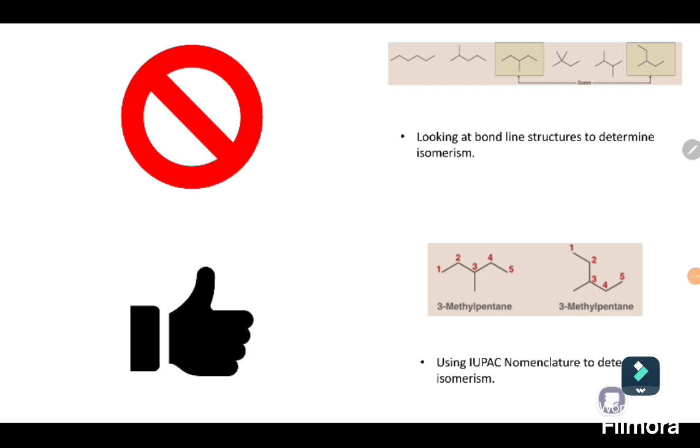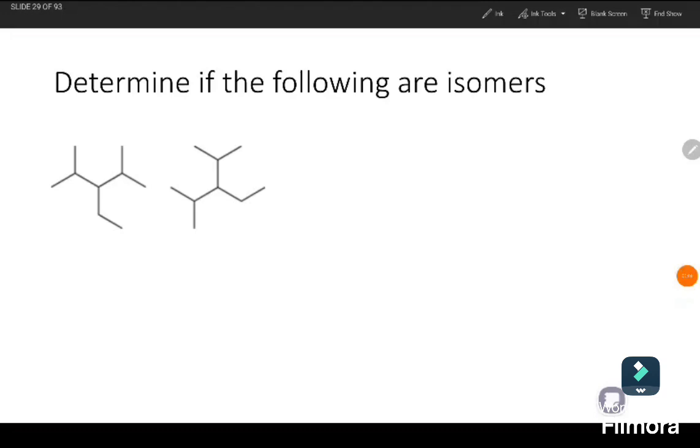If they come up with the same name, then they are the same molecule. If they come up with different names, but they have the same counts of atoms, then they would be considered isomers of one another. So we see that premise in action on this slide.